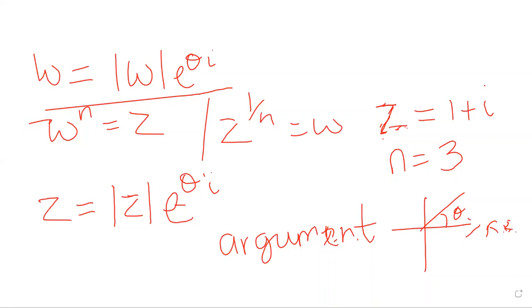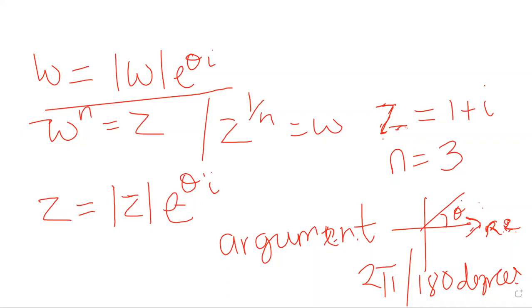That's the principal argument. If you add 2 pi to the angle, we get back the same angle. So argument is not only the principal argument. The principal argument is the initial angle.